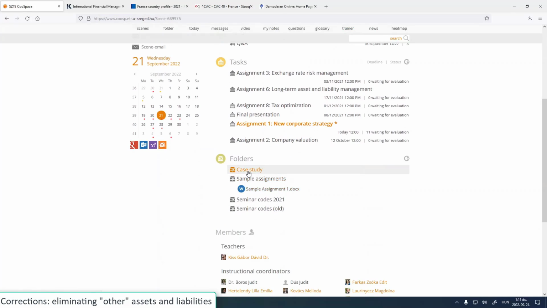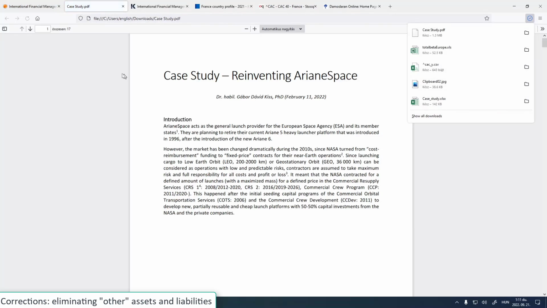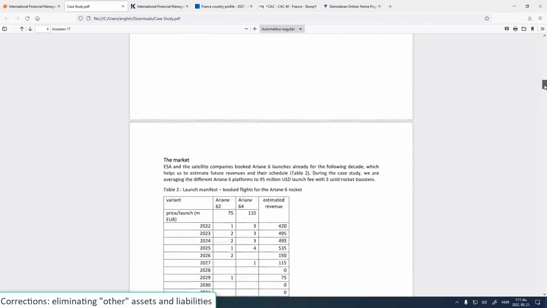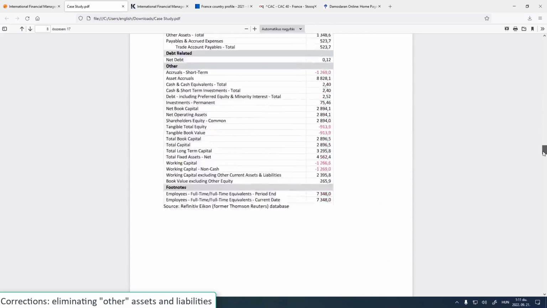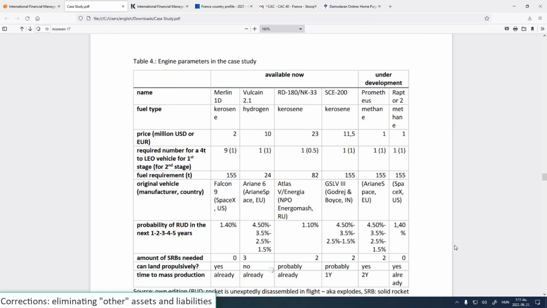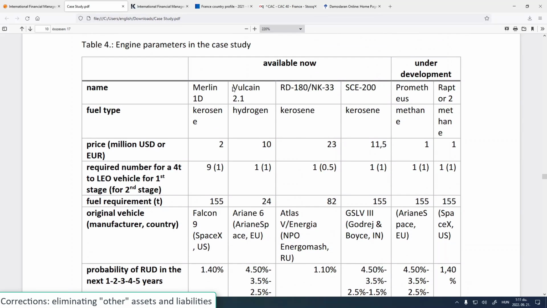Okay, so I'm reopening the case study. Okay, so this is the legacy engine.